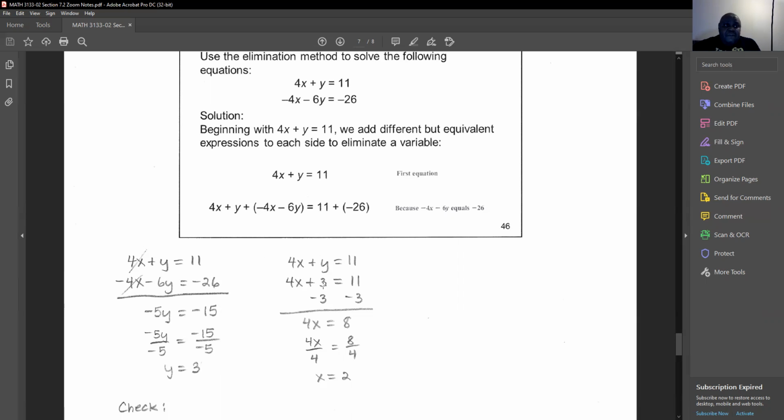So we got 4x plus 3 equals 11. And then to solve for x, we subtract 3 on both sides to get 4x is equal to 8. And then finally divide both sides by 4, you'll get x is equal to 2. So x equals 2 is what we're looking for, and y is equal to 3.